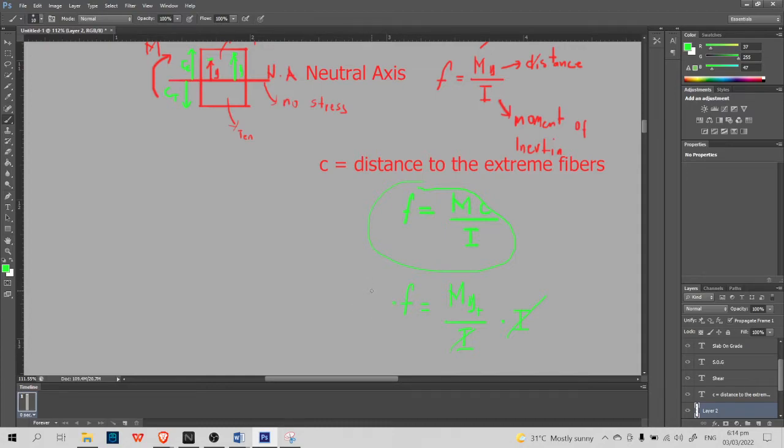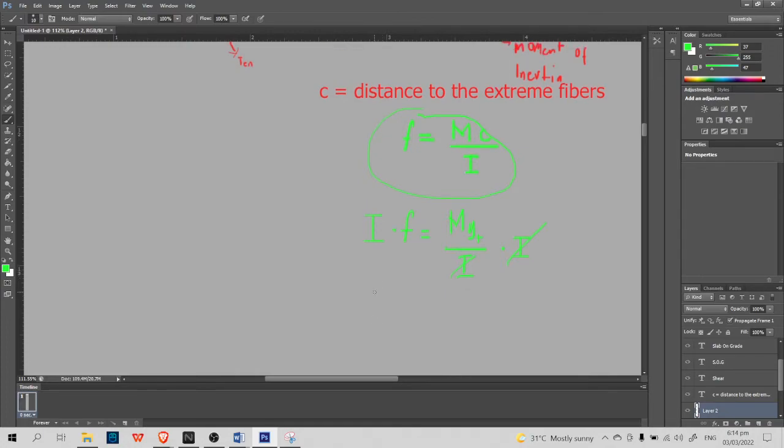Multiplied by I din ito, I, hindi Z. Then, let's try to rewrite it para malinis. So, meron tayong F times I equal to MYT. Then, dinivide both side niya ng YT naman. Then, cancel ito, cancel ito. Then, yielding M is equal to FI over YT. Okay?